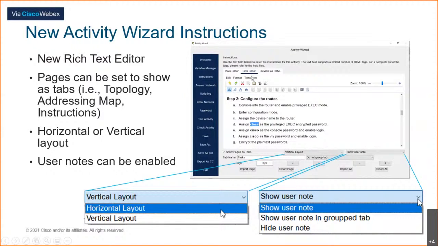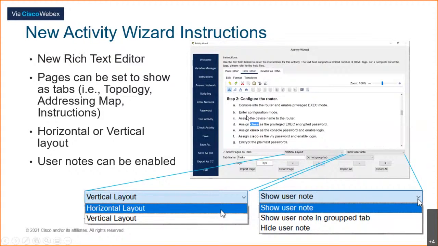Before it was available, you had to edit a little bit of HTML here and then just preview it. Now pages can be set to show as tabs using this checkbox over here, show pages as tabs. And then you see it will treat each page of the instructions as a separate tab or separate panel.